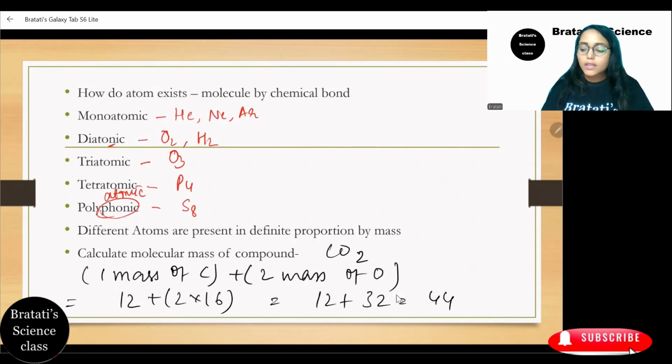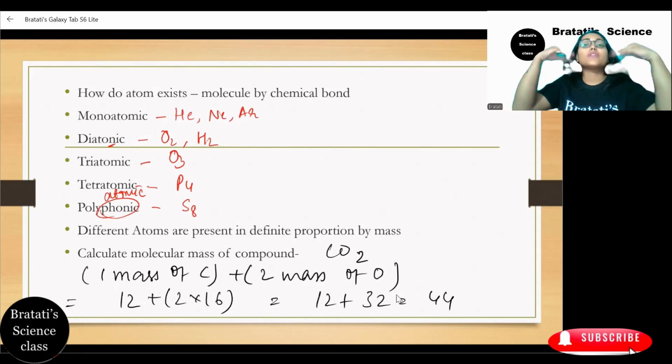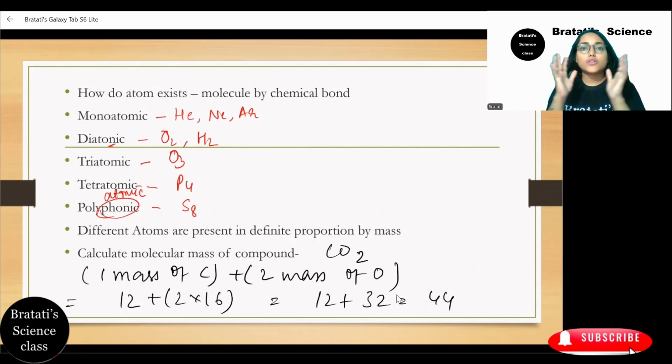Then, according to the law of constant proportion, that is the second law, the different atoms are present in a definite proportion by mass in a molecule. And we can calculate the mass of a molecule by calculating the mass of the atoms present in it. We need to add the mass of the atoms to get the molecular mass.